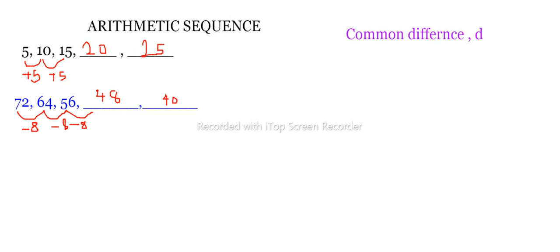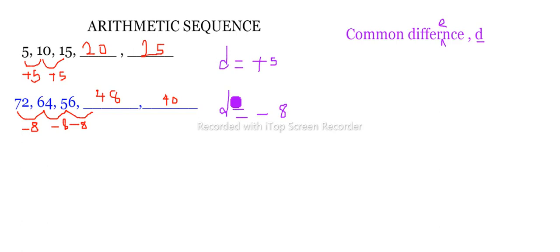For example, in this first one, I keep adding 5, so my common difference here is plus 5, or you say 5. Then for this one we keep adding minus 8, so the common difference here is minus 8. So the number you keep adding, either positive or negative, is what we call the common difference of the arithmetic sequence or progression.